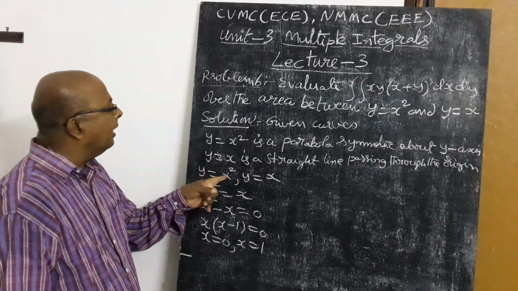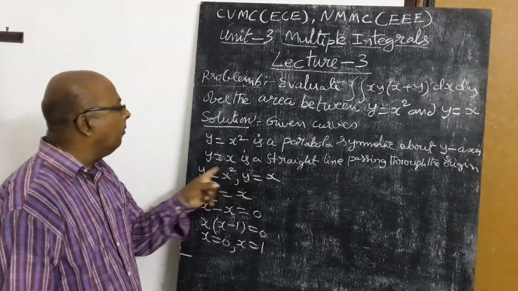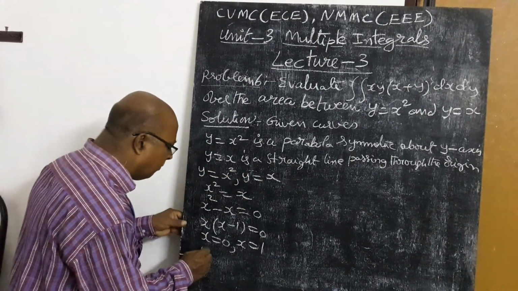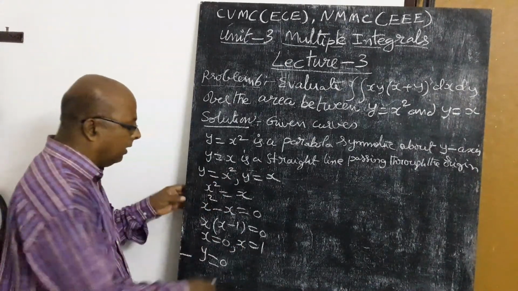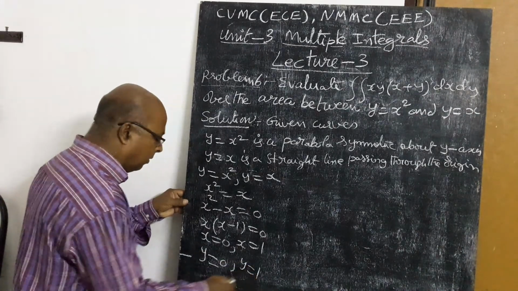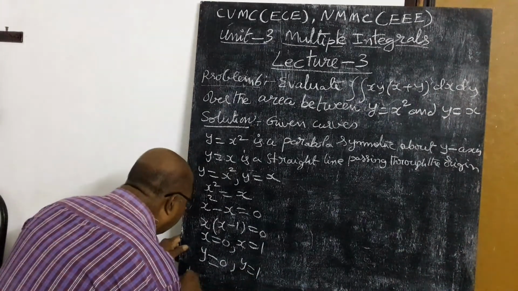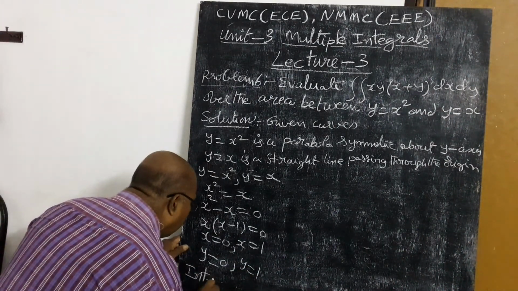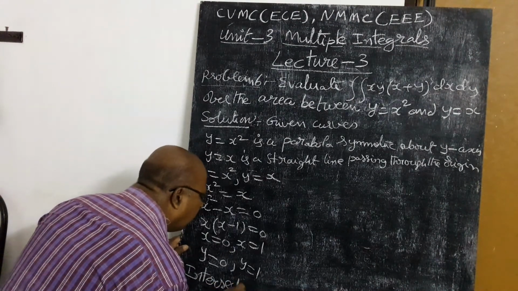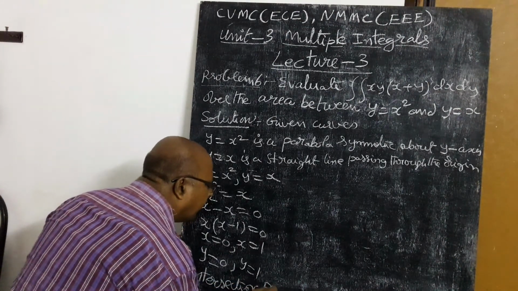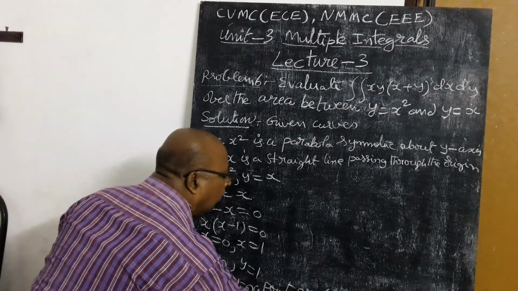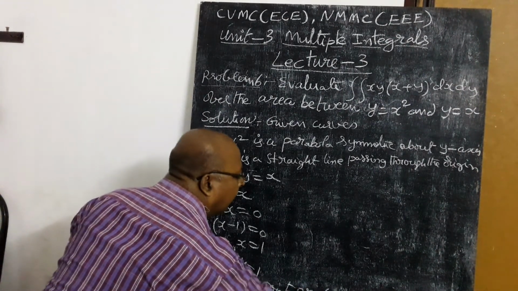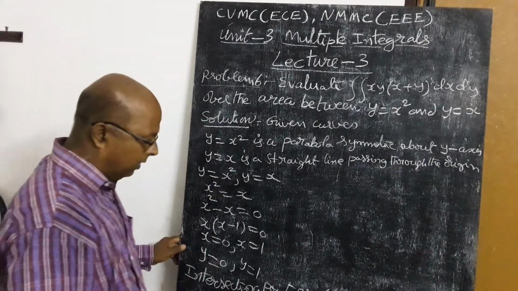Substituting the x value in either curve, we get y is equal to 0 and y is equal to 1. So the intersecting points are (0, 0) and (1, 1).